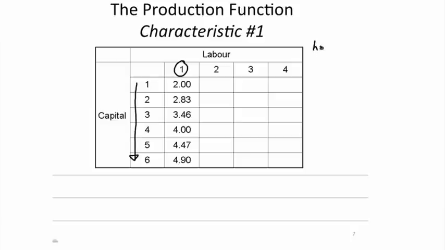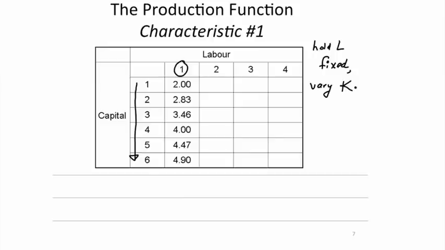So here I'm going to hold labour fixed. I'm certainly holding the secondary factors fixed as well. And I'm going to vary capital. Now it's conventional in macroeconomics to use the letter K as our symbol for capital.